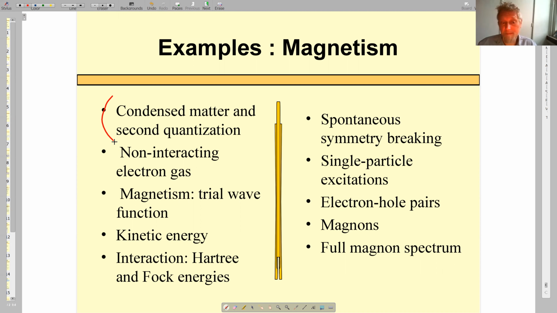Right, then we will recall non-interacting electron gas. Surely you got it in your solid state physics course. What are the metals with Fermi surface? We will refresh all this. And then we go to magnetism. We will add interaction.